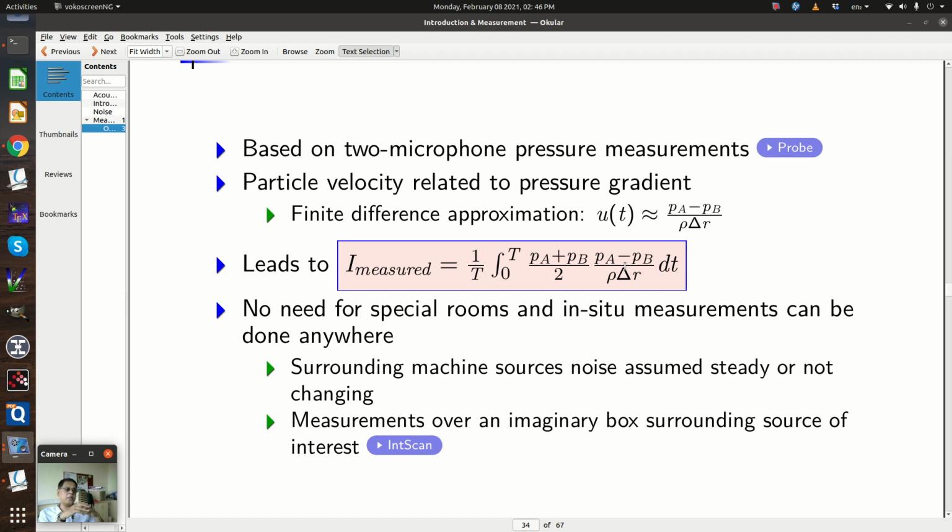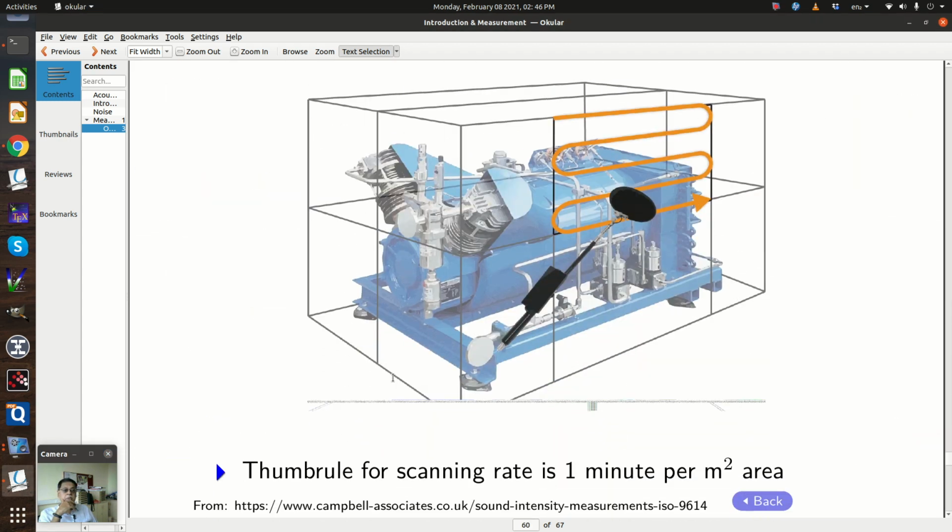So what is done is that you take measurements over an imaginary box which encloses the whole source of interest. This is called intensity scanning. Here is an example: this looks like an air compressor or some kind of compressor. Here is the imaginary box in black lines, and then we do a scan.